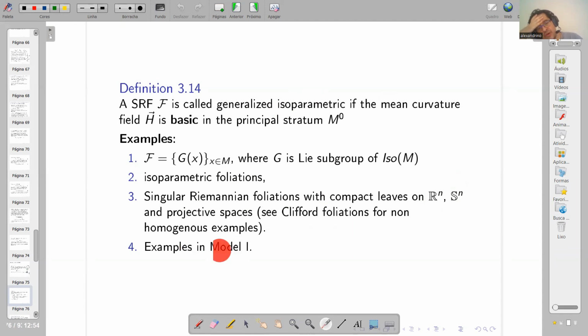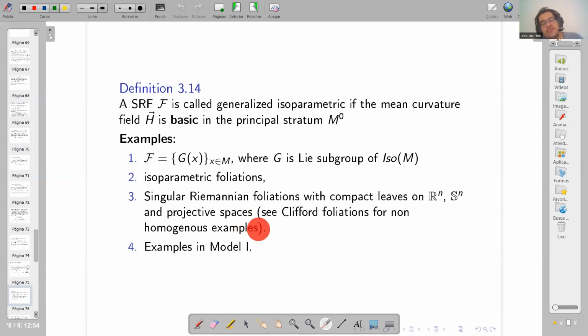Examples of the holonomy foliation also have these properties. So it is not true that every singular Riemannian foliation is generalized isoparametric, but we have a lot of examples.